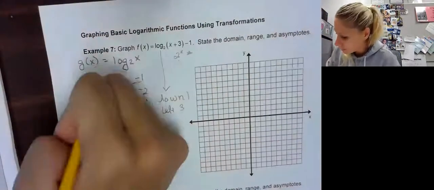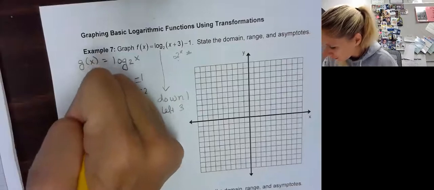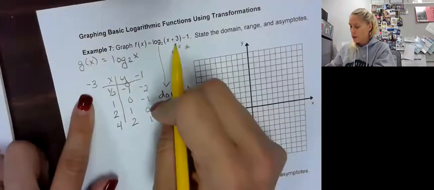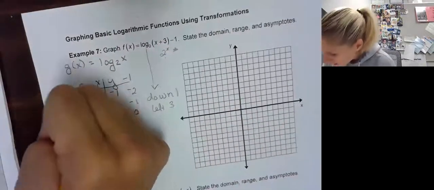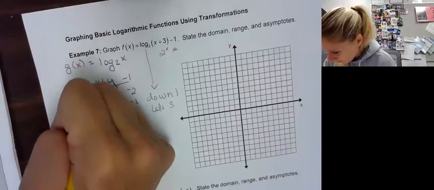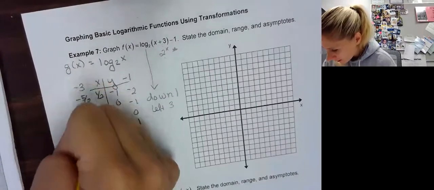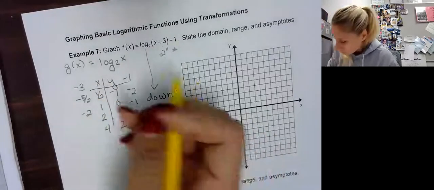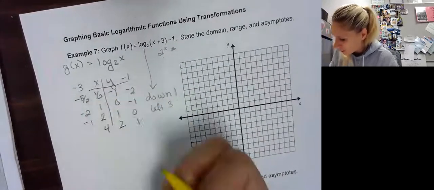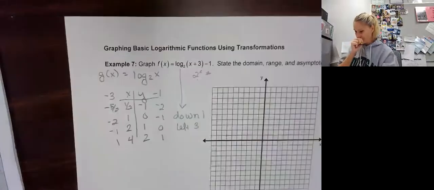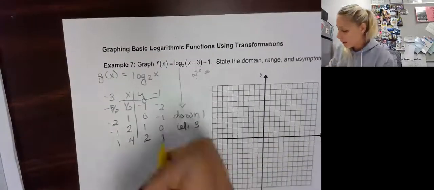And left 3 means we're going to subtract 3 from our x. Remember, do the opposite. So we get negative 5/2, negative 2, negative 1, and 1.